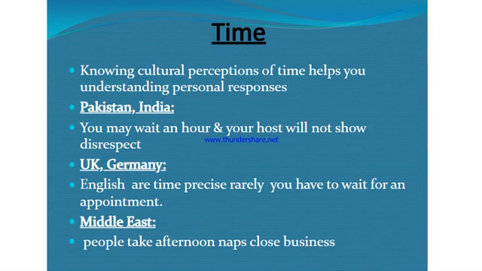It means that in their culture, they have a tolerance for being late, but while communicating with Americans and Germans, you should be very specific on time. In some cultures, business people take afternoon naps, close shops, and postpone times for business meetings and dinner.